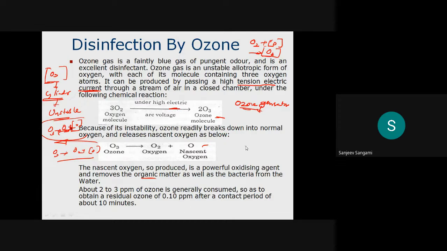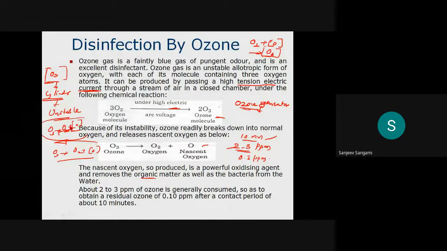So remember: the dose will be 2 to 3 ppm, the residual ozone is 0.1 ppm, and the contact time is 10 minutes.